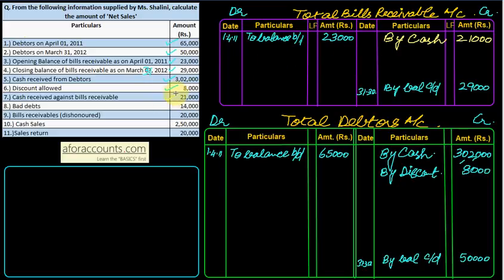This is also done. Bad debts: the debtors who were going to pay me will now not pay. So what is the entry for bad debts? Bad debts account debit to debtors. In the debtors account, 'to debtors' never comes. So by bad debts 14,000.